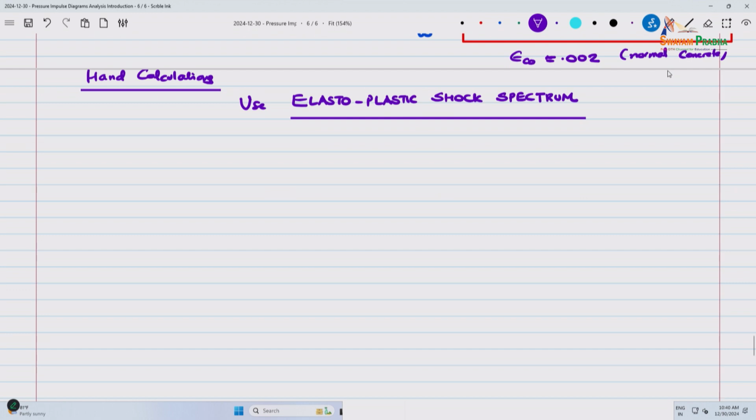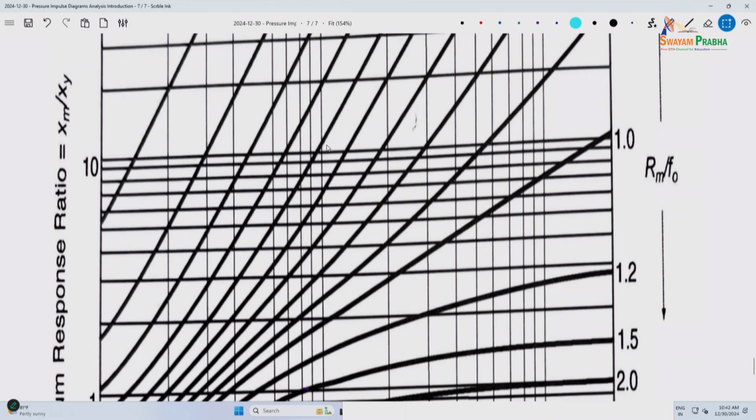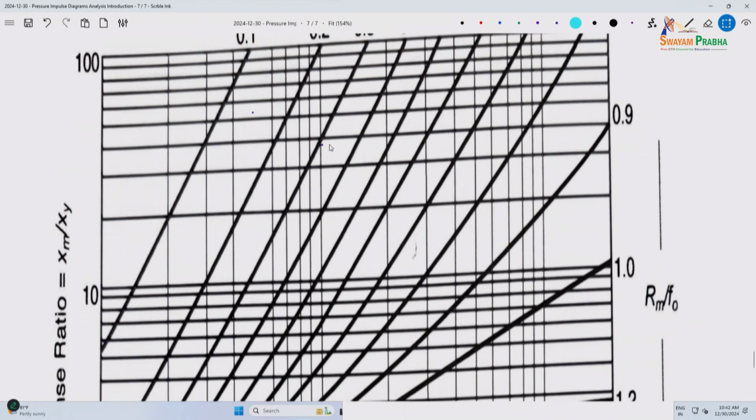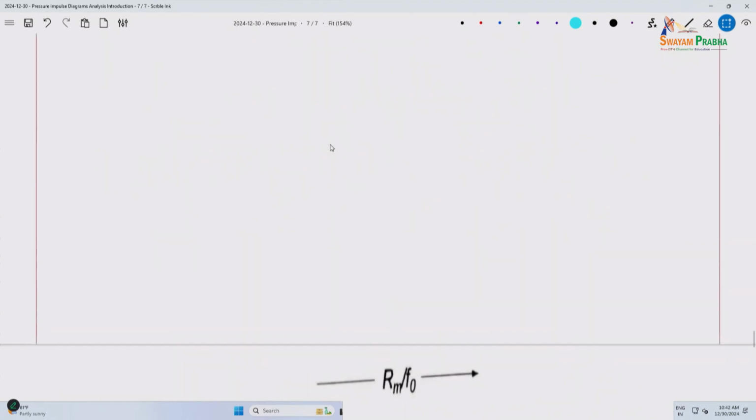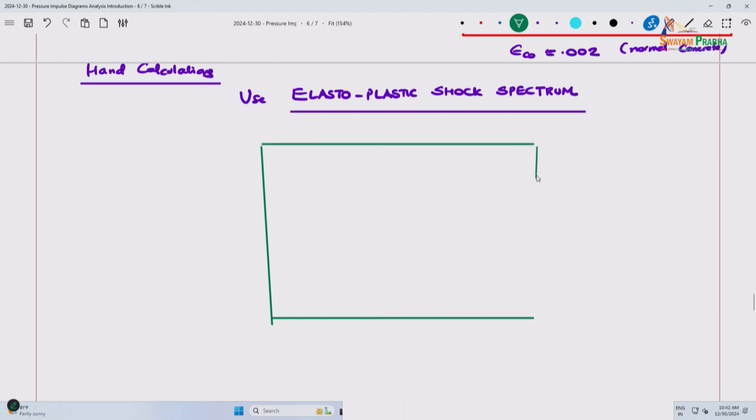So the graph itself, the response ratio, let me plot the elastoplastic shock spectrum. So you have here the x-axis and the y-axis, and there are also 2 other axes that are representing the same thing.